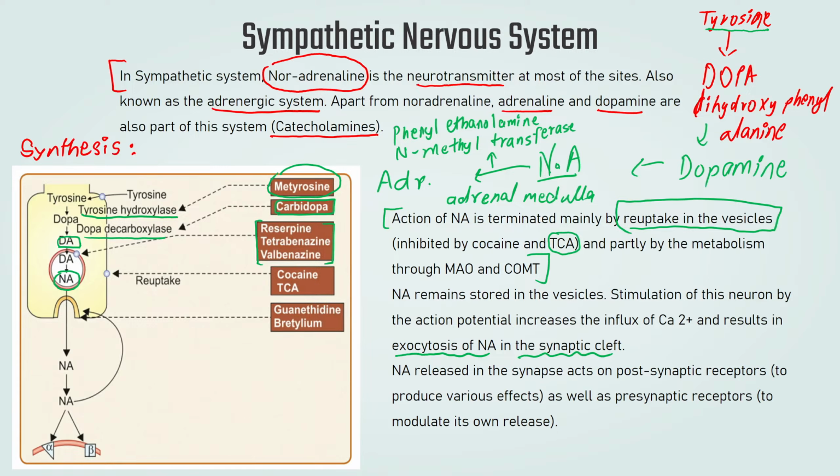Mainly action is terminated by reuptake and partly by metabolism through monoamine oxidase and catechol O-methyl transferase, which is COMT. So this is the synthesis: tyrosine to DOPA, dihydroxyphenylalanine, then to dopamine, to noradrenaline, and noradrenaline to adrenaline in the adrenal medulla.